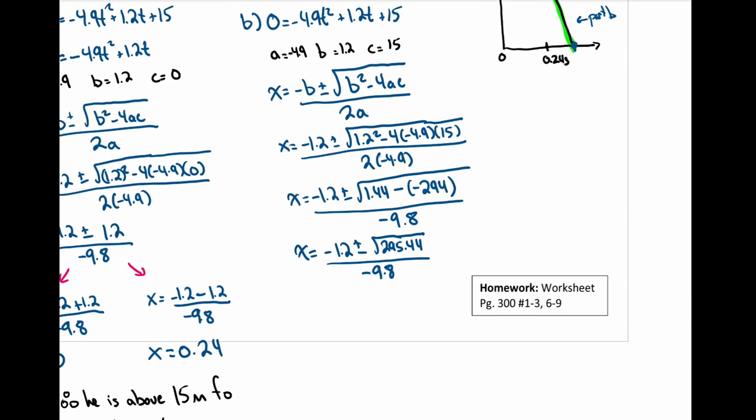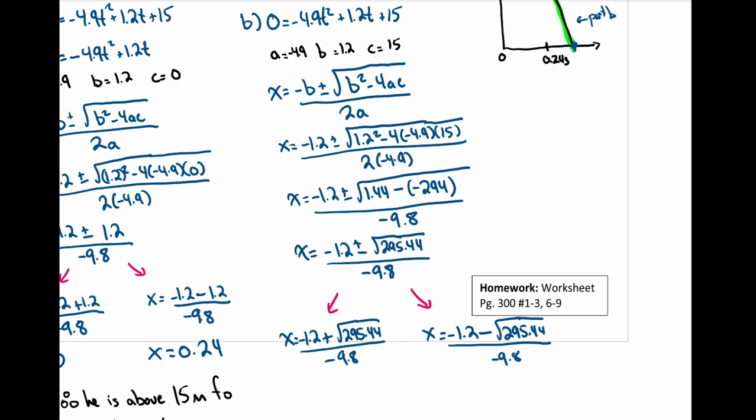Now I can break this off into my two parts with the plus or minus. So I'm going to have x equals negative 1.2 plus the square root of 295.44 divided by negative 9.8, and x equals negative 1.2 minus the square root of 295.44 divided by negative 9.8.